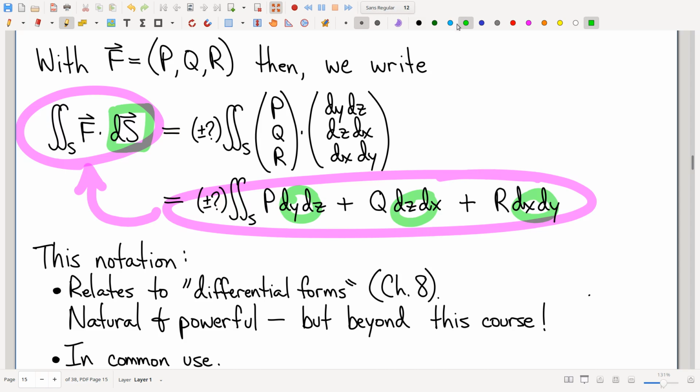And so what this question seems to be about is apparently PQR is my vector field of which I want to compute the flux. That's it. For our purposes, I think that's the best way to approach it when you see something like this. Everybody all right with that? Okay.